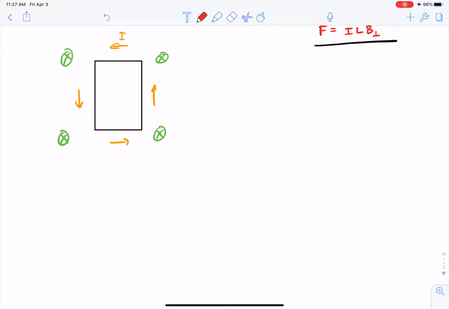If you're on your laptop and this is vertical, that means your palm is facing away from you. Then your thumb, sticking out of your hand, is in the direction of the force. So in that case, it's this way.